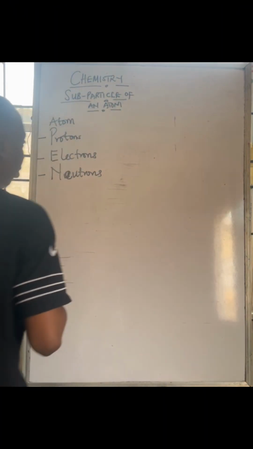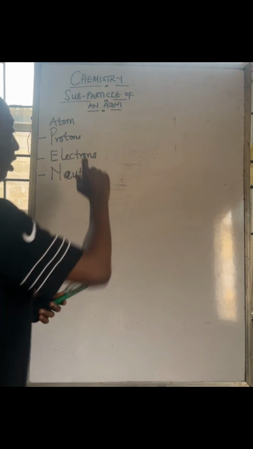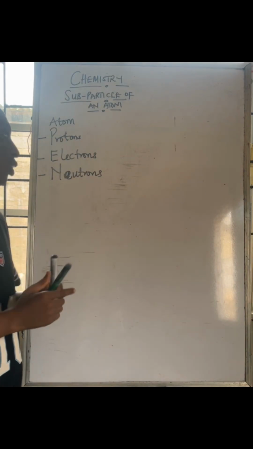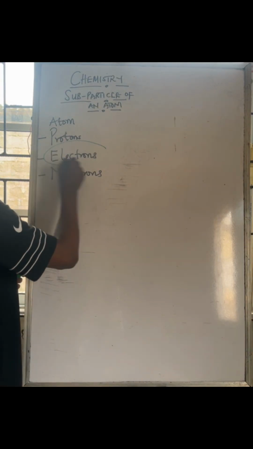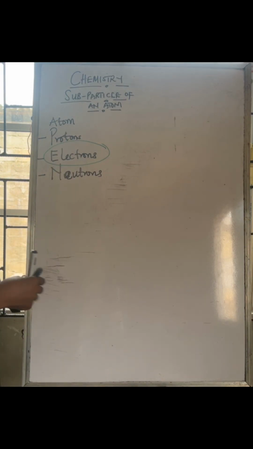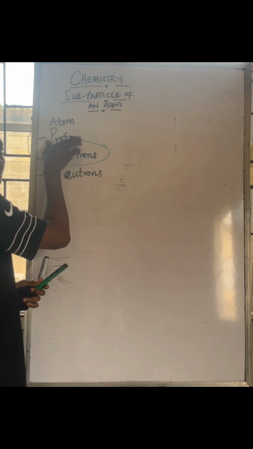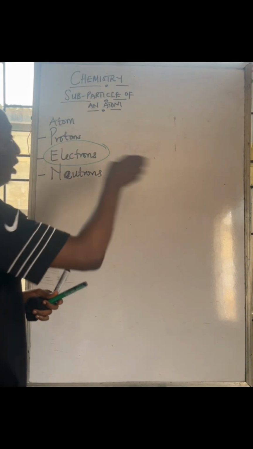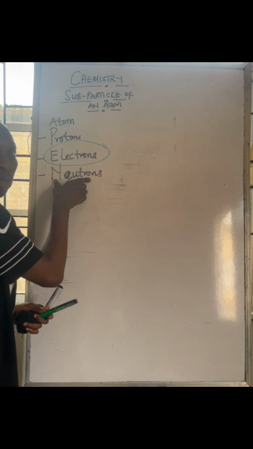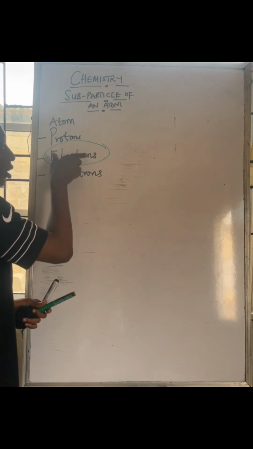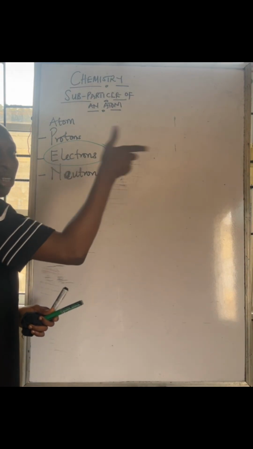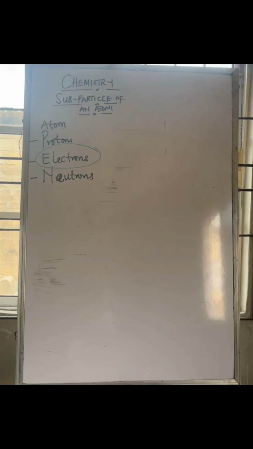Now my emphasis is on electrons. Pay attention. Don't forget, this is located in the nucleus, this is as well located in the nucleus, and this one is located in orbitals. Now there are certain rules.